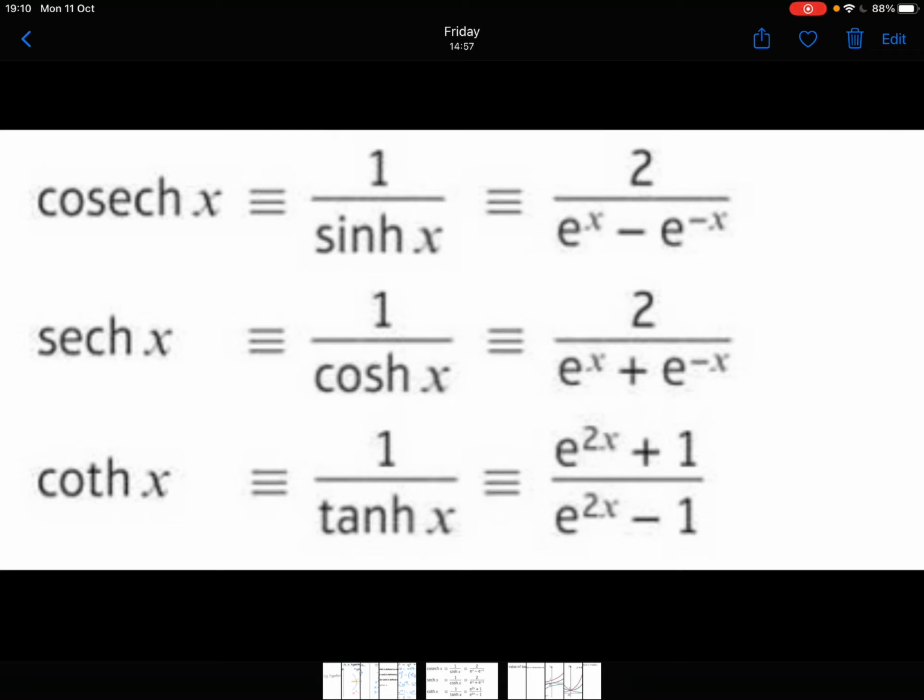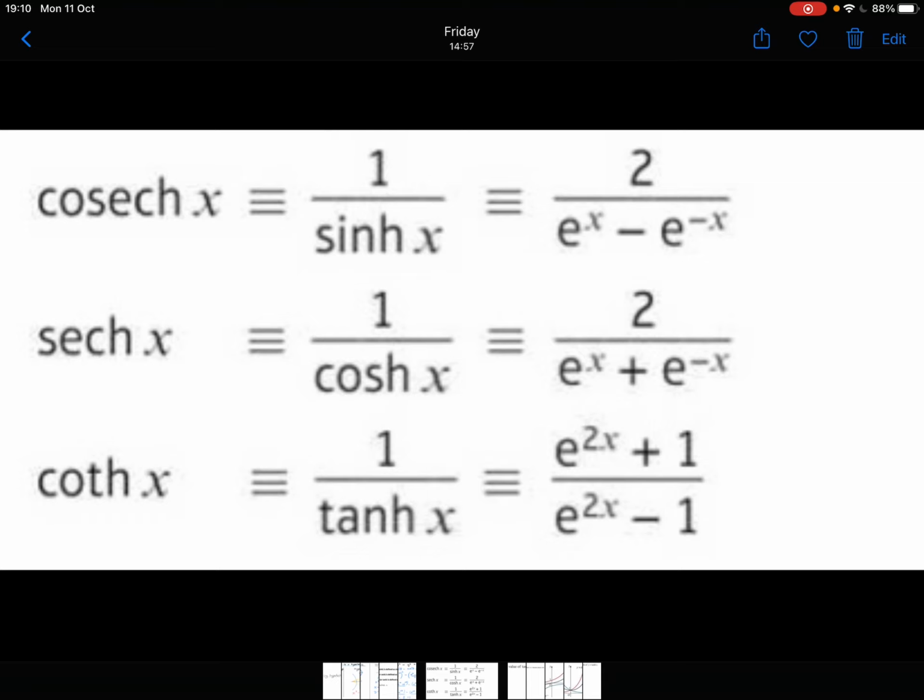We can also define the reciprocal hyperbolic functions. So 1 over sinh, I think it's called cosech, and that's just the reciprocal of sinh. 1 over cosh, I think called sech, again just the reciprocal of cosh. And then I think it's coth.